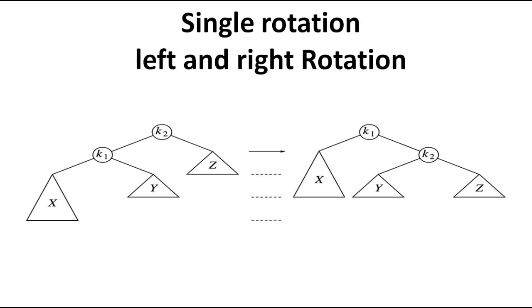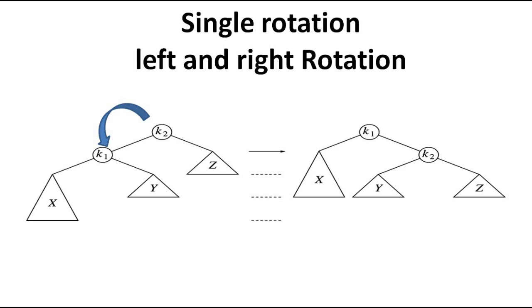If the imbalance occurs on the left side, you have to convert it with a right rotation. If the imbalance occurs on the right side, you have to convert it with a left rotation. Now the root node is considered as K2 in left rotation, and the subtree node is considered as K1.